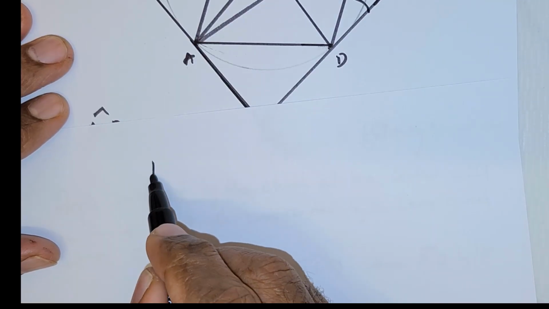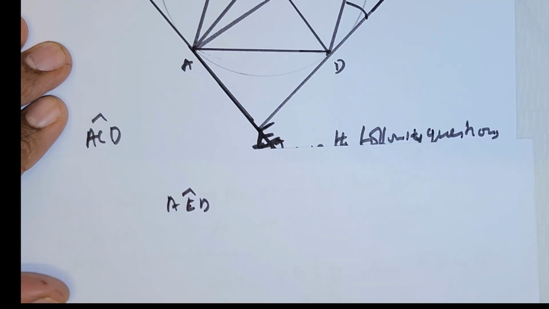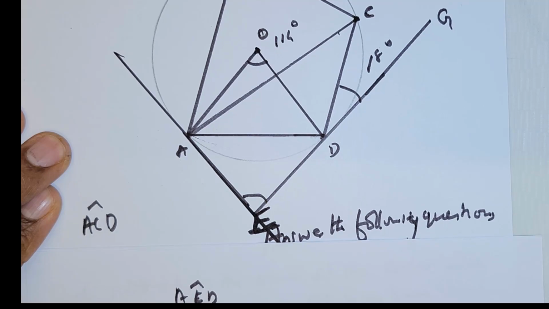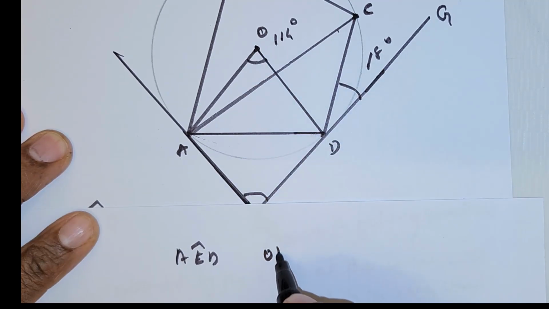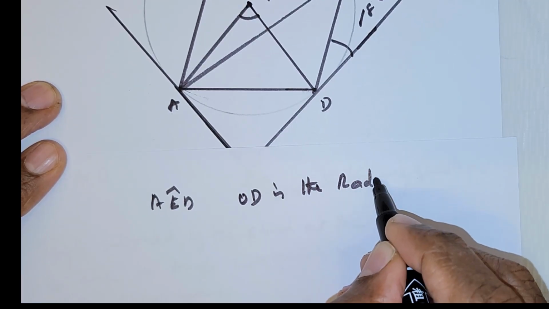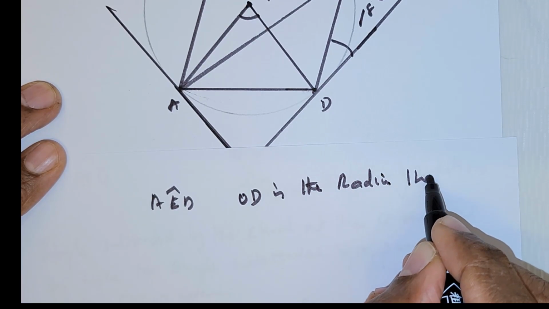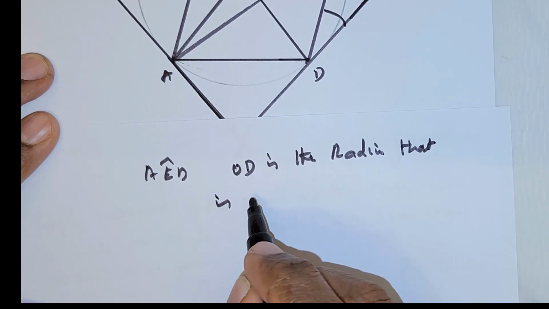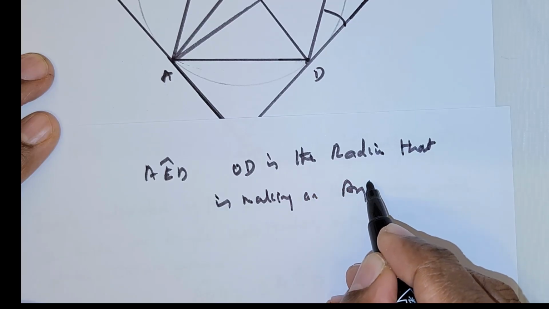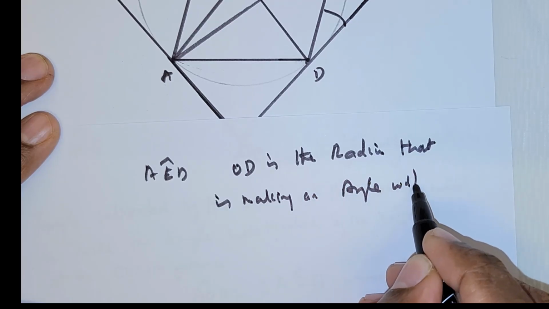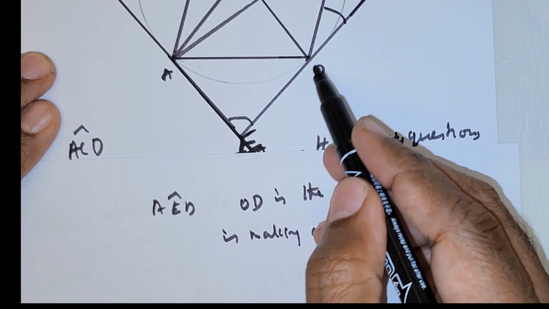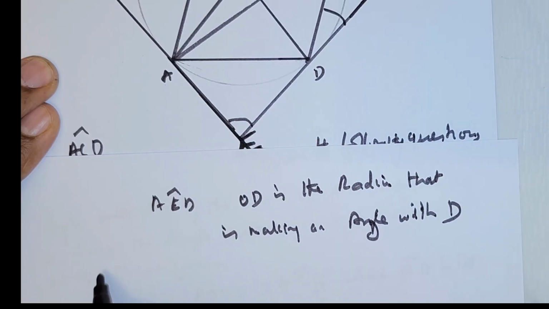And next we need AED. Okay, we need this angle. Now you observe the diagram. OD is the radius that is making an angle with D. Okay, but what is D?